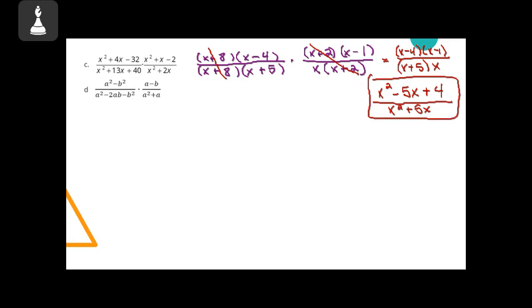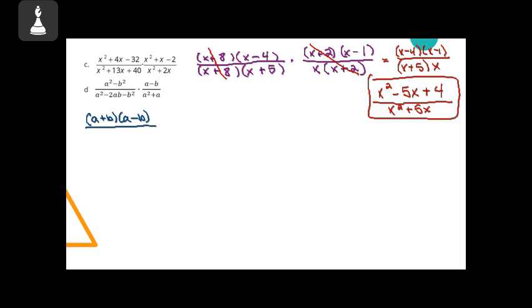Next is problem D. On top of the first fraction is a squared minus b squared. We have two perfect squares with a subtraction between them. So that turns into a plus b and a minus b. On bottom of this first fraction is a squared minus 2ab plus b squared.